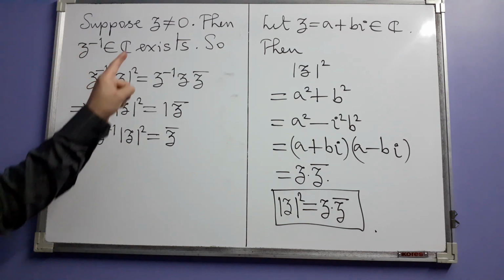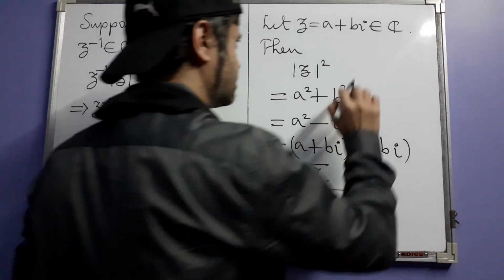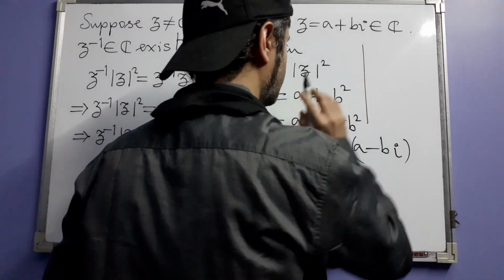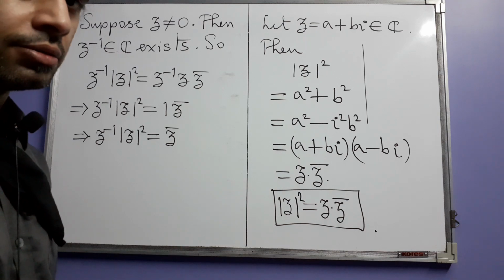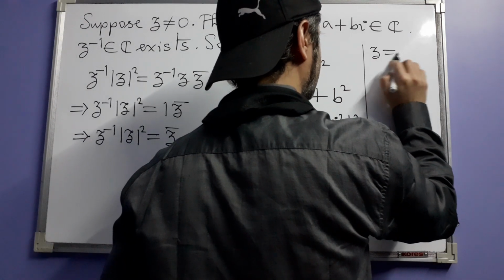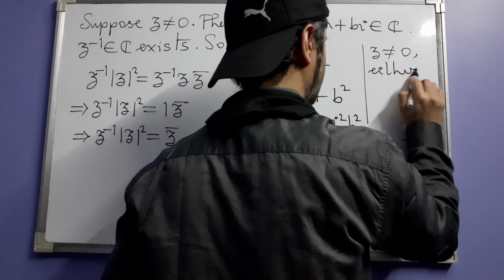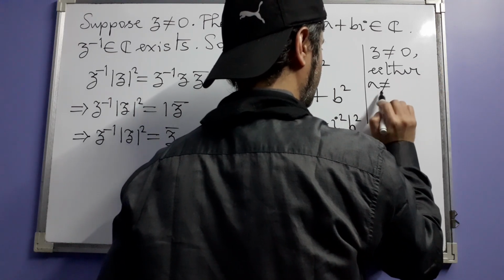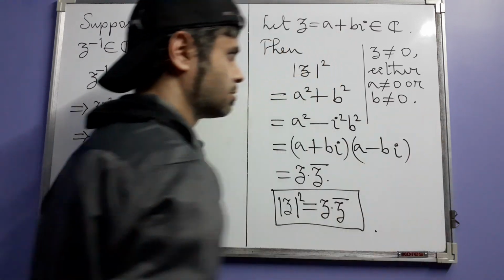Now, because your complex number is not equal to 0, let us just see one thing. What can you say about its absolute value and its square? Since z is not equal to 0, either a is non-zero or b is non-zero.